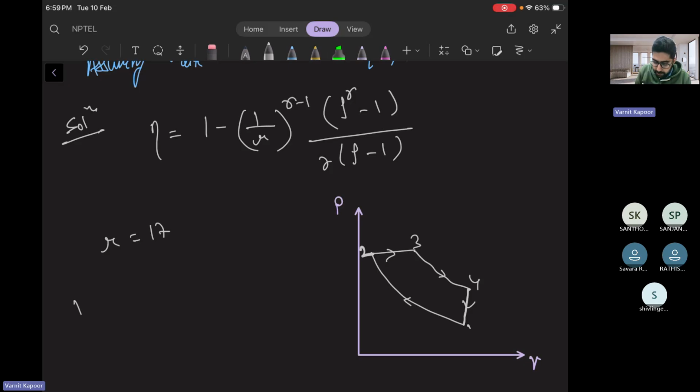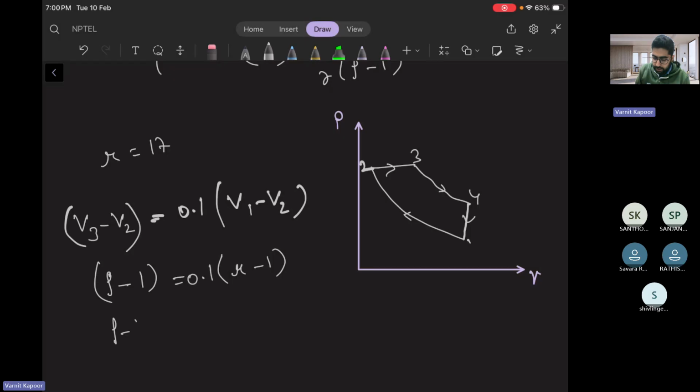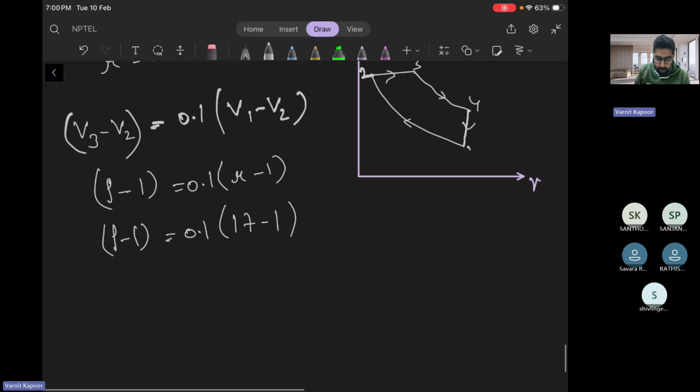So that means V3 minus V2, that is your cutoff. Cutoff point is 3 and starting of fuel injection was at 2. So V3 minus V2 is 10% of the stroke, that is 0.1 times your stroke. Stroke happens from 1 to 2, V1 minus V2. If I divide by V2 on both sides, V3 by V2 is your cutoff ratio. Rho minus 1 is equal to 0.1 times V1 by V2, which is your compression ratio. So rho minus 1 is equal to 0.1 times, compression ratio is given as 17, minus 1. So your rho will come out to be 2.6 from here, 2.6.